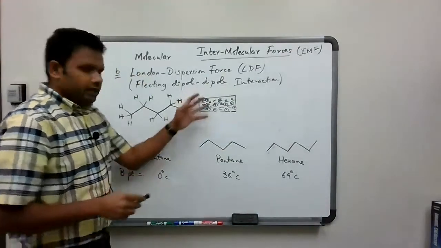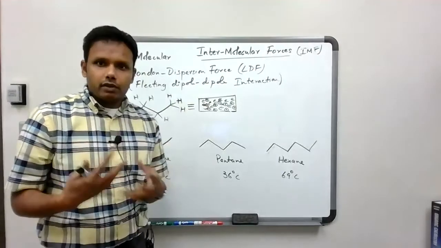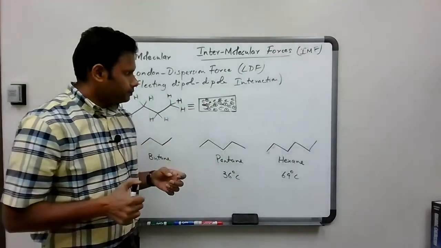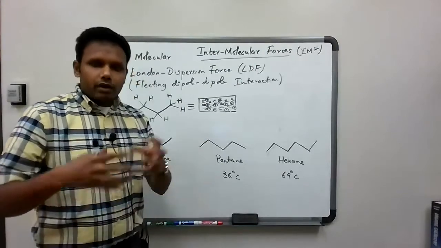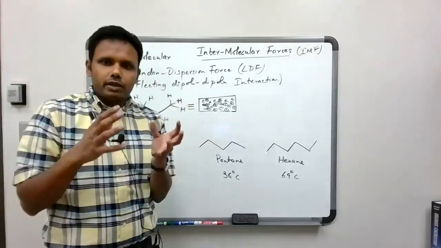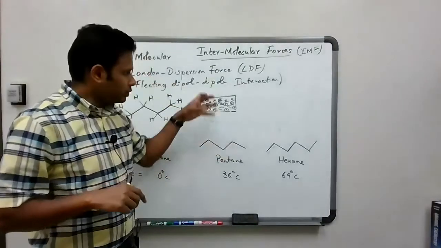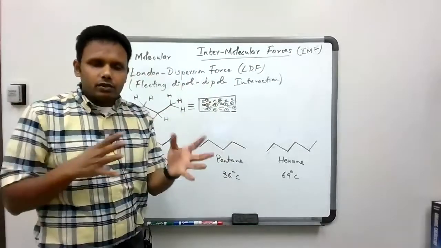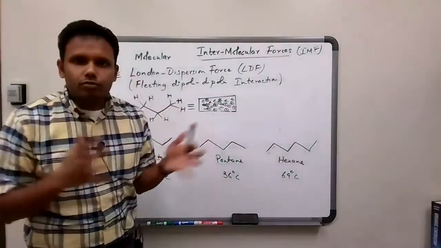Now the electrons are not stationary. I don't want to go too much beyond what we're supposed to do, but there's a probability of finding them around in space, so they're actually moving around.